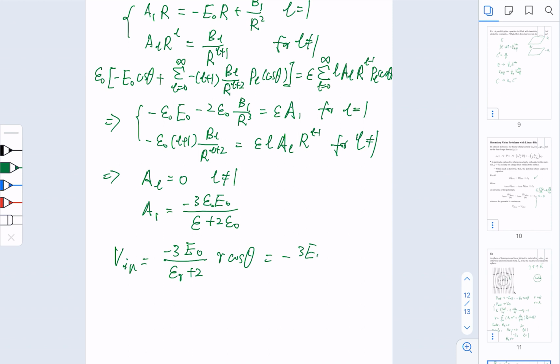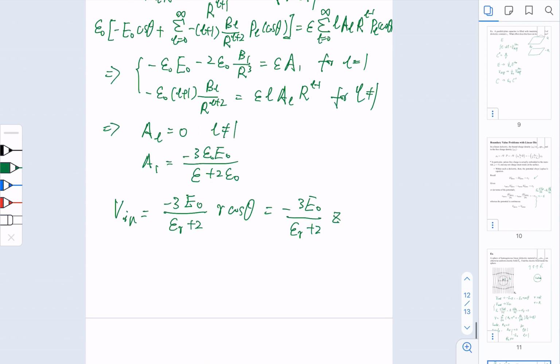So if you write it in terms of z, and if you take a derivative of this inside potential, take a gradient, you can find out that the electric field inside this sphere is proportional to the original E field.